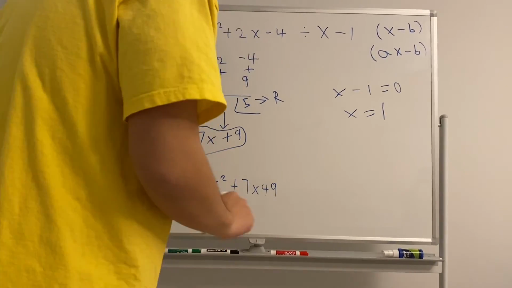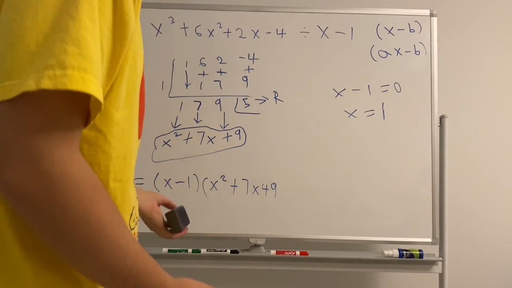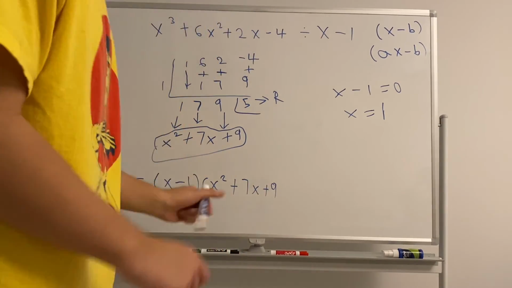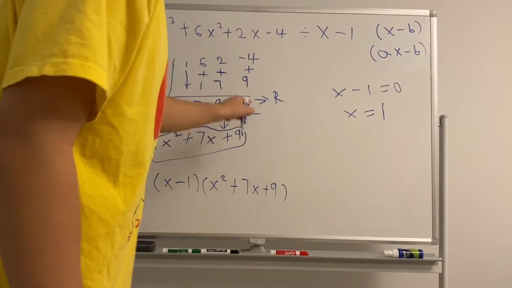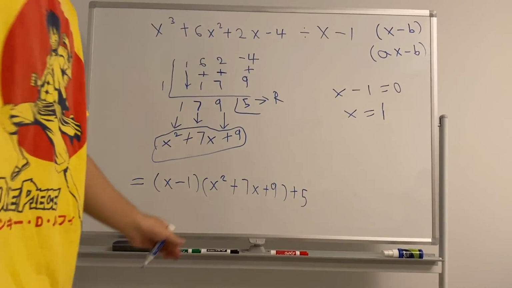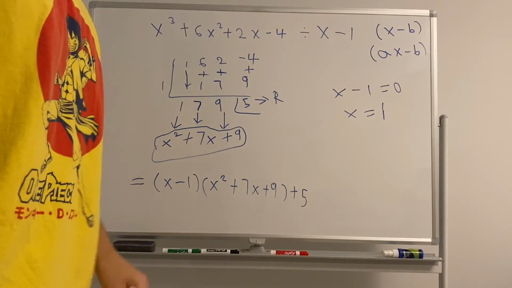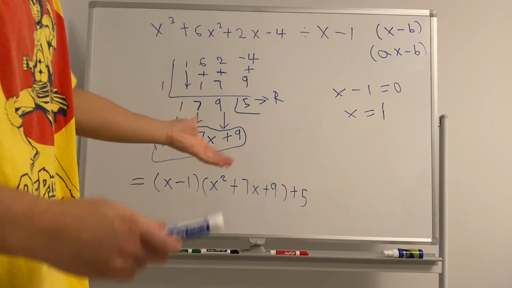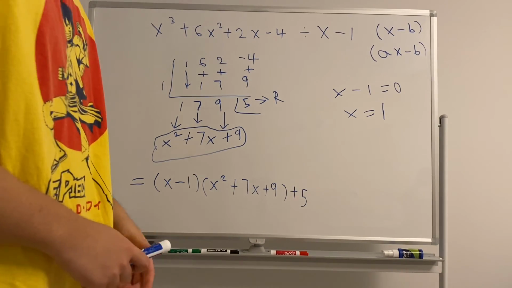Sorry, that doesn't look neat. That's a plus, not a 4. And then we include our remainder, which is 5. So this is the answer, and again, if this can be factored, you should factor it. But in this question, I will not be doing that. There will be plenty of examples where I show you where we can factor. So yeah, this is the answer.